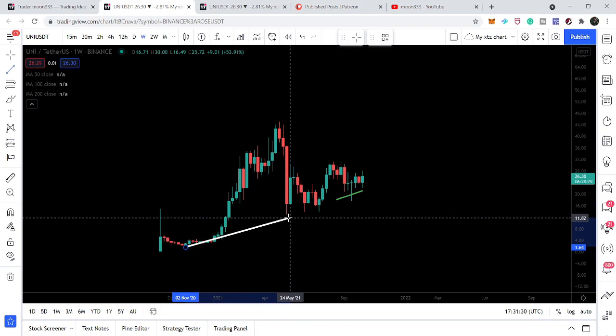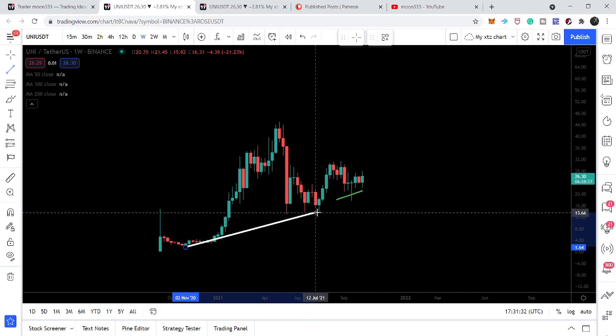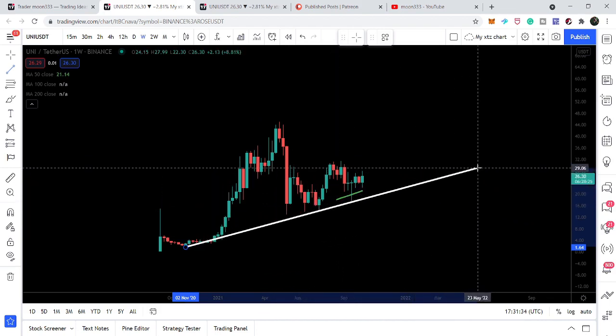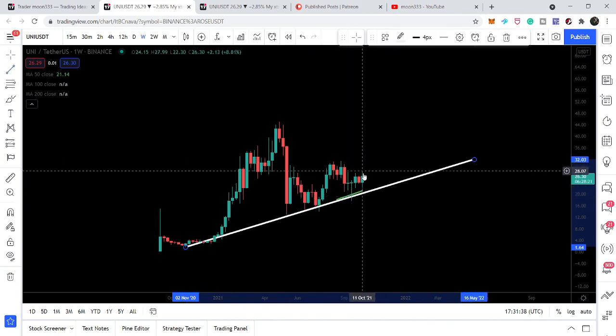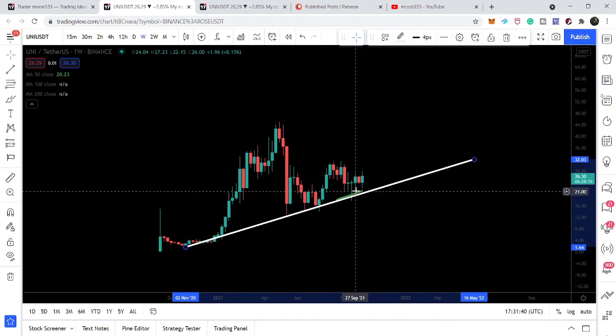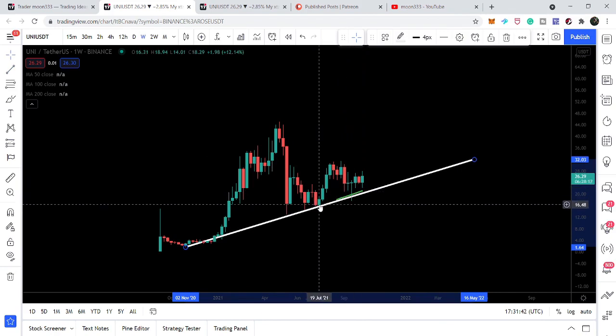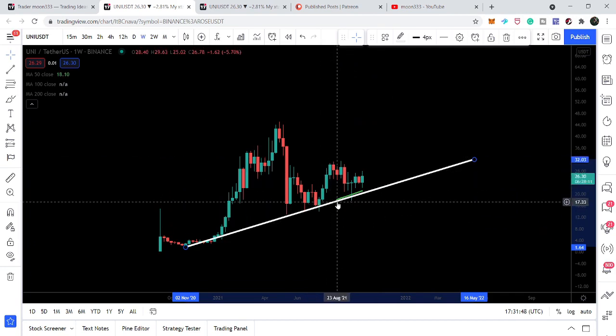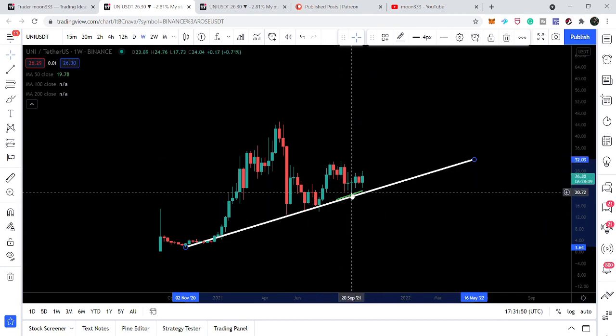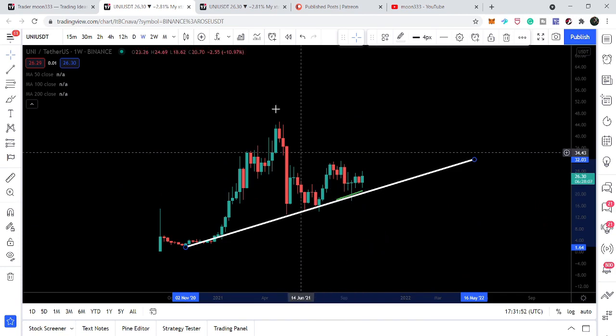Like we had a rejection here, we had a bounce here, we had another bounce here, and this is our recent bounce that the price line had. Also this 50 simple moving average is moving with this support. So this is really very strong support, and now it has turned more strong because the 50 simple moving average is now working as a very strong support with this uptrend line support.